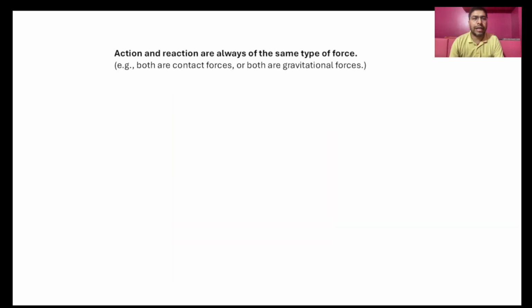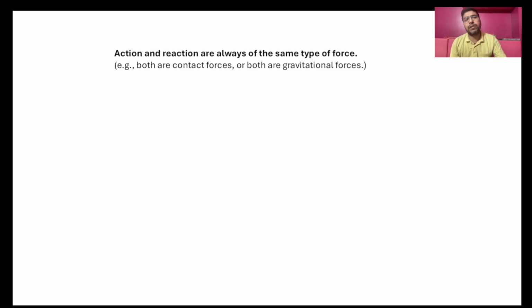Now come to the next point. Action and reaction are always the same type of force. Suppose one force is gravitational force; in return, the reaction force will also be gravitational force. If one force is electrostatic force, the reaction force will also be electrostatic, right?